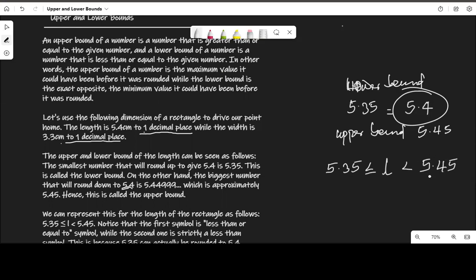So in inequality, this can round to 5.4, but this does not round to 5.4. So 5.35 is less than or equal to the length, and the length is less than 5.45. So this is lower bound, this is upper bound.